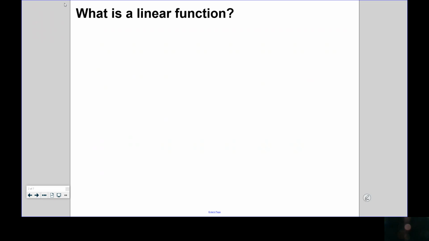We talked about last week how functions are special relations that have this special condition that every element of the domain matches with exactly one element of the range.